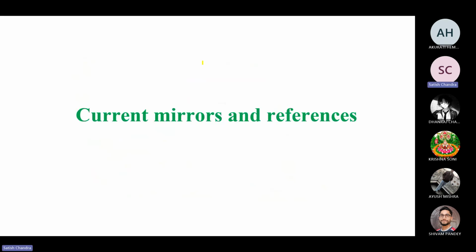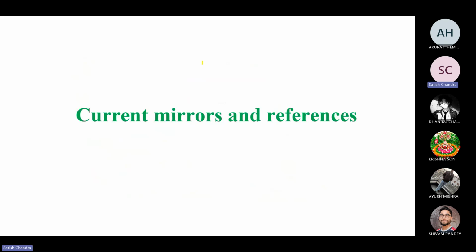Now we are going to see what current mirrors and references are. Basically, a current mirror replicates a current at one particular point to another end. It means a similar kind of current is obtained at a different point of that circuit. That is the definition of the current mirror.